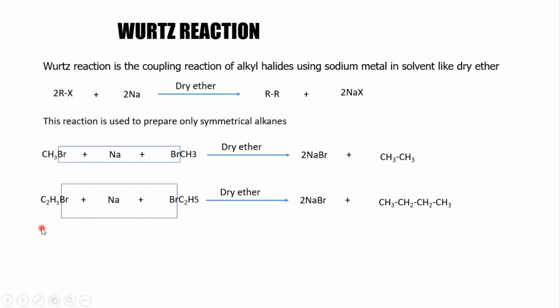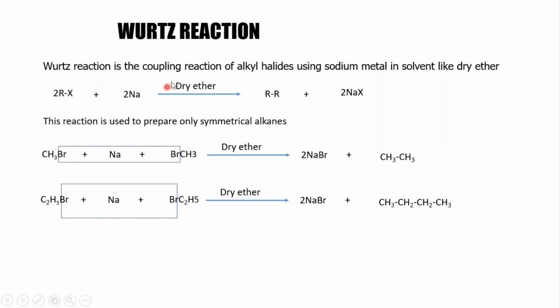So always we get the alkane with double the number of carbon atoms. Like in methyl bromide, there is only 1 carbon atom and the product has 2 carbon atoms. And in ethyl bromide, there are 2 carbon atoms and we are going to get 4 carbon atoms.